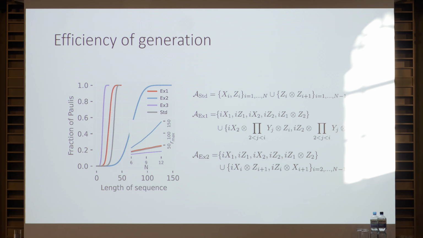And the cool thing is that even though it is not minimal, and we are allowing many more interactions than we actually need, there are still some sets that generate it faster. Example 1 is the one that you have seen in the example that I've given, and then we have the local interaction for example 2.